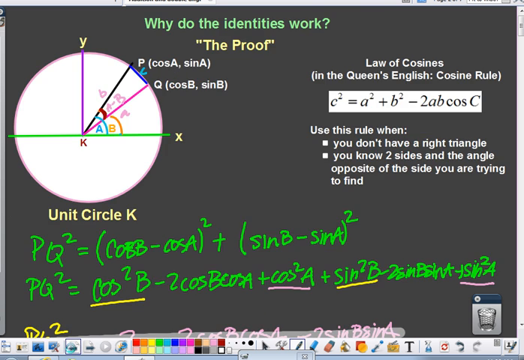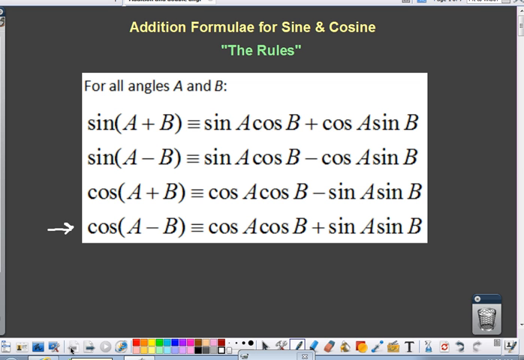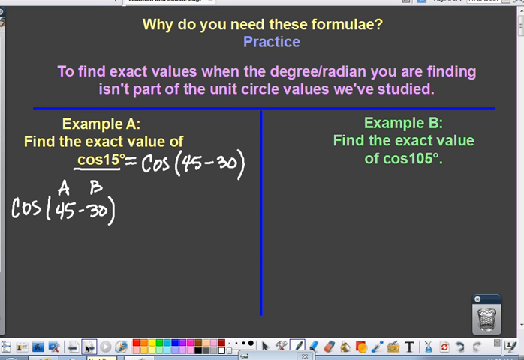So if you'll remember, if we go back to our formula, we have the cosine of A times cosine of B plus sine of A times sine of B, okay? And we can find the answer. So we would say the cosine of 45 times the cosine of 30 plus the sine of 45 times the sine of 30, okay?